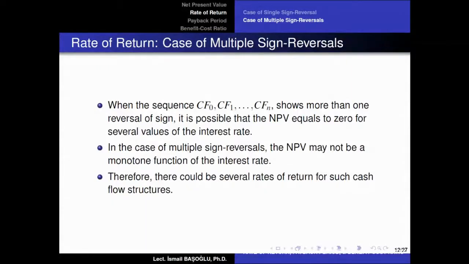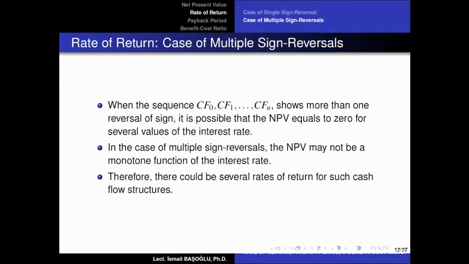All right, so in the second hour of our class, we are going to continue from where we left off. We were calculating the rate of return for cash flow structures, and we have said that if we have a single sign reversal in a cash flow diagram, then there will be a unique rate of return, which is i star, that will make the net present value exactly equal to 0.